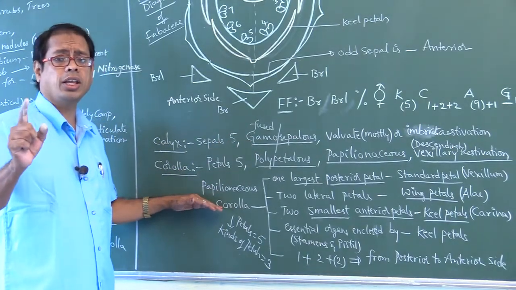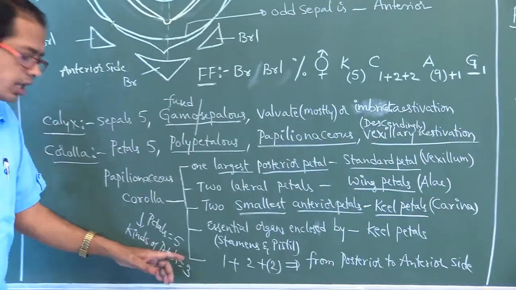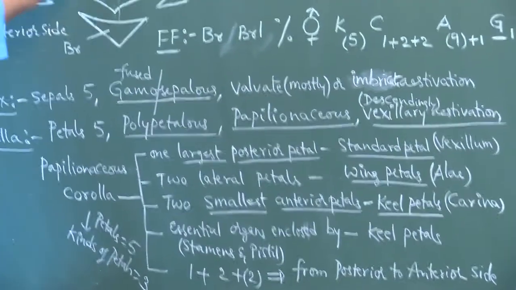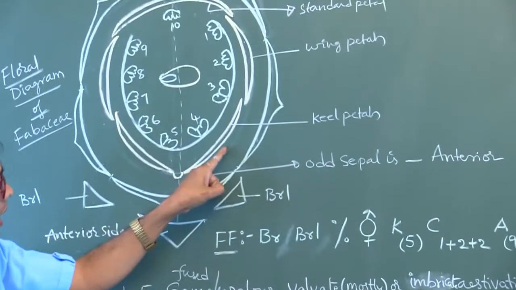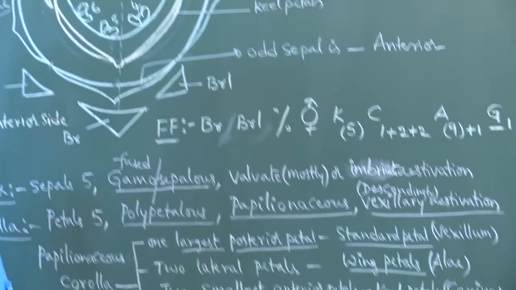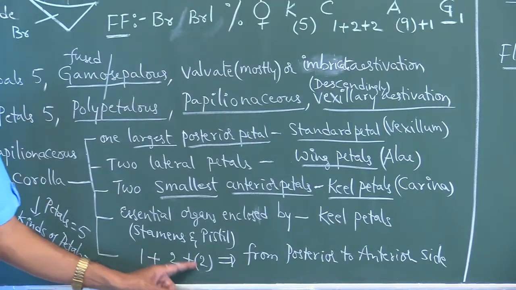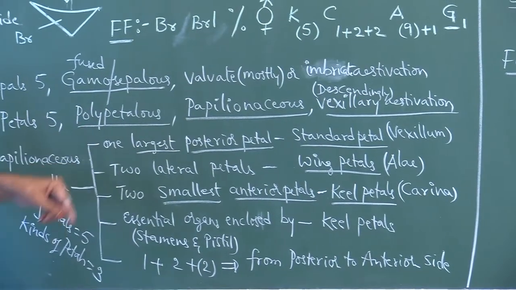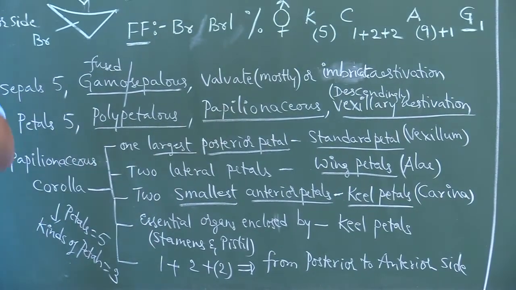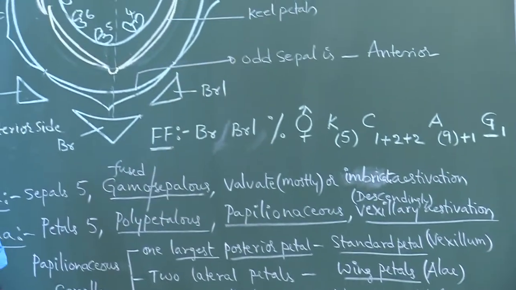Number of petals is 5. Kinds of petals, 3. Arrangement 1 plus 2 plus 2. These two are fused now. That's why 2 is in a bracket. So the petal arrangement is 1 plus (2) plus 2, and the bracket indicates fused condition. This arrangement goes from the posterior side to the anterior side, no? Don't say anterior to posterior. 1 is at the posterior side, then 2, another 2.